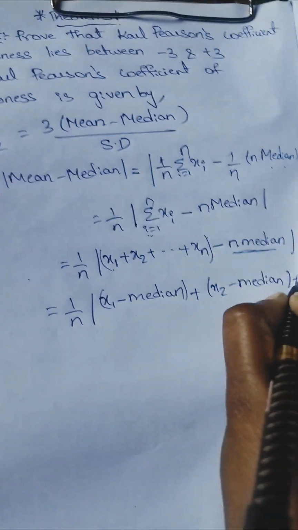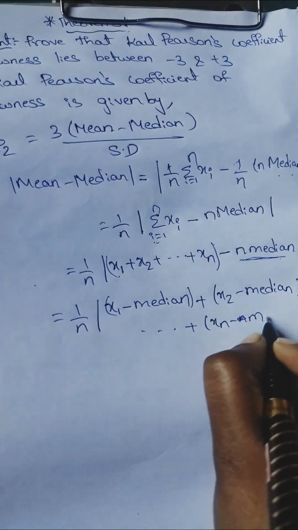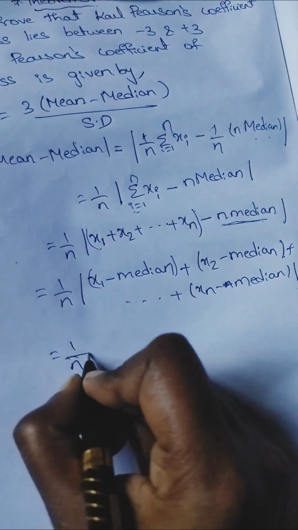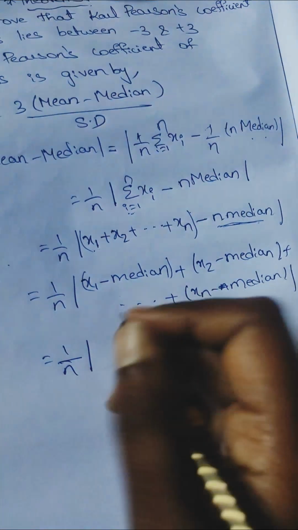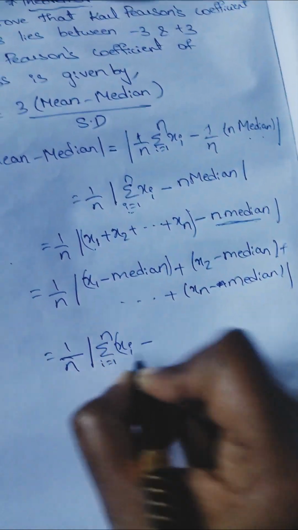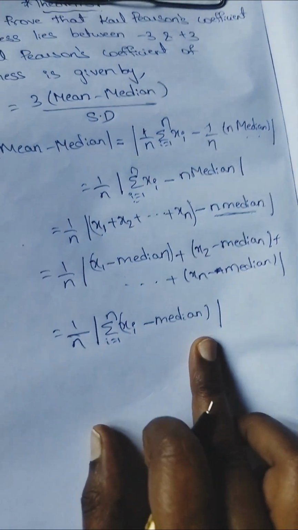Like that for n observations, xn minus median. Now 1 by n as it is, I can write this in the form of summation, i equal to 1 to n, xi minus median, in brackets. So this is what we got now.